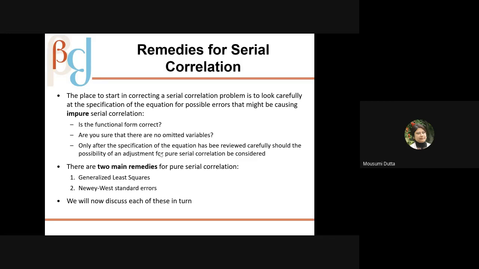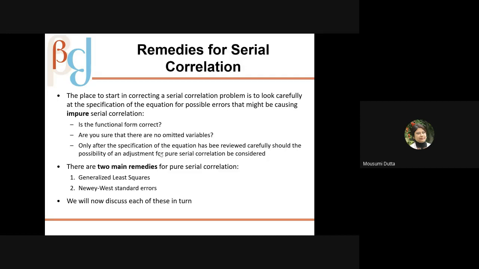So at this moment, I'll not discuss what the remedial measure will be if the autocorrelation is detected from the omitted variable context or from the misspecification context.